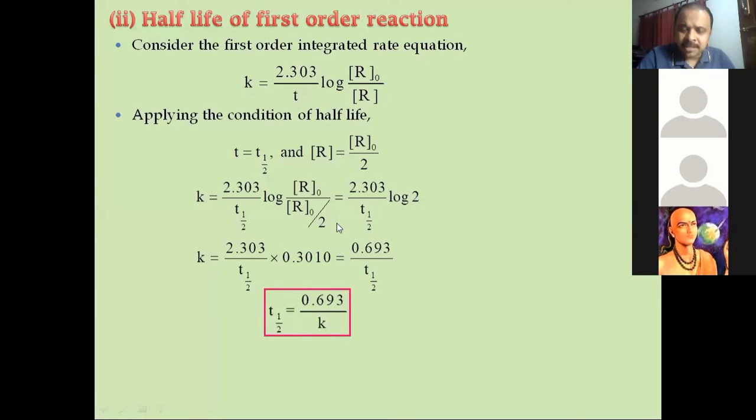So finally, we have got the expression 0.693 by k. k is a constant, 0.693 is a constant, so half-life is a constant. What do you mean by t half is constant for first order?